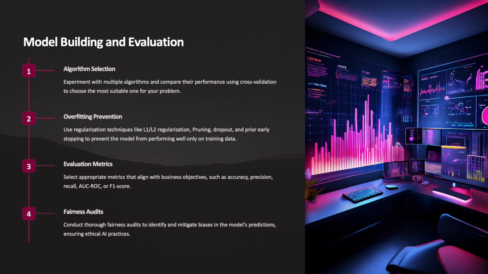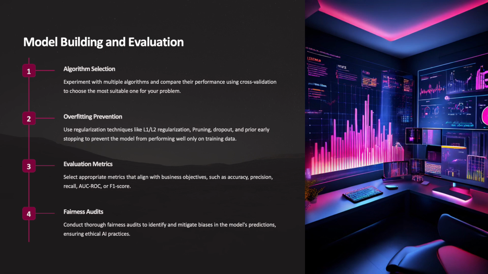Next is overfitting prevention, which is crucial for building models that generalize well to new data. Techniques like regularization, cross validation, and pruning help keep the model simpler and more robust. For instance, dropout in a neural network randomly omits some connections during training to avoid over reliance on specific nodes.